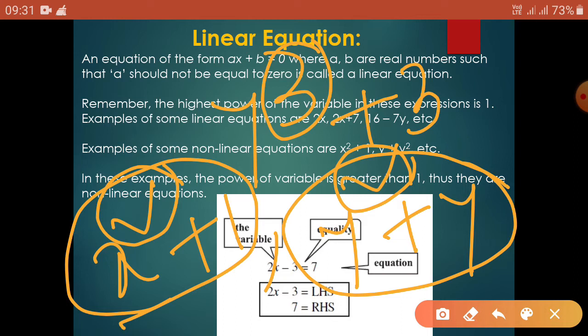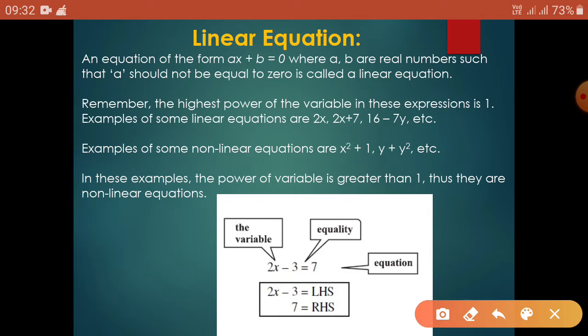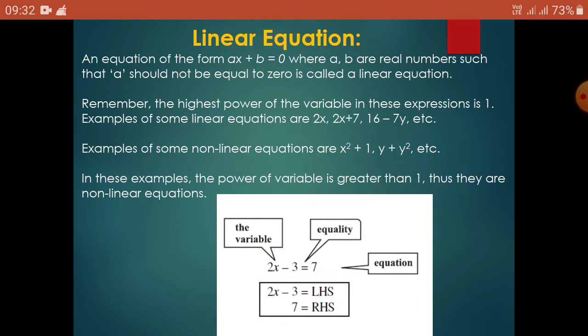If the power of the variable is greater than 1, then it is called a non linear equation. I think it is clear. Now you have already learned the parts of an expression: variables, constants, equality, equation. Go to the next slide.